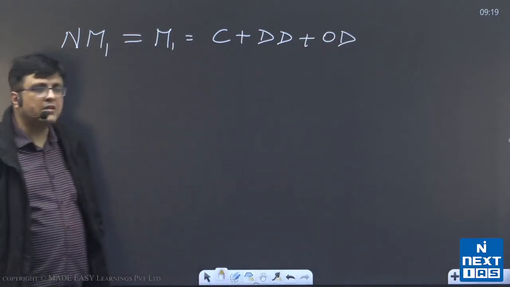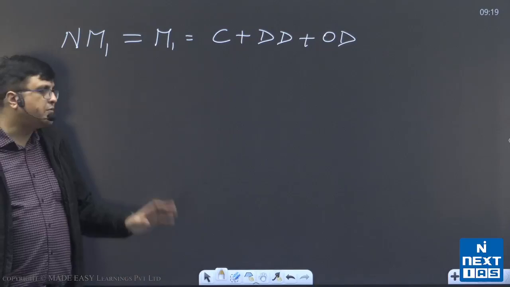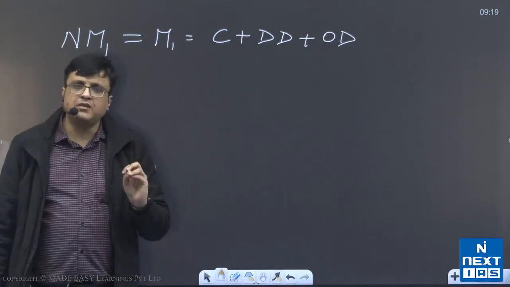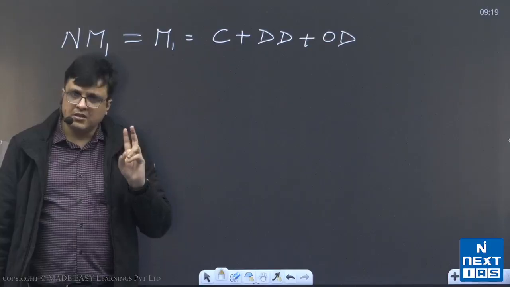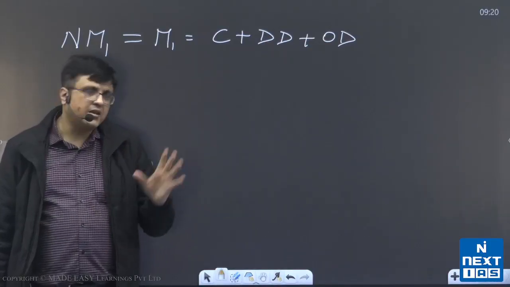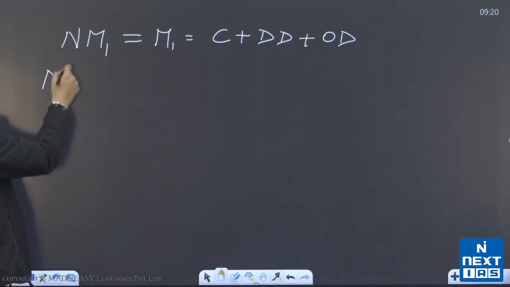All right, the new method is same as M1. All right, तो NM1 और M1 में कोई फर्क नहीं है. All right, जो M1 था currency in circulation, demand deposit, other deposits with RBI, same thing is NM1. Then came NM2.